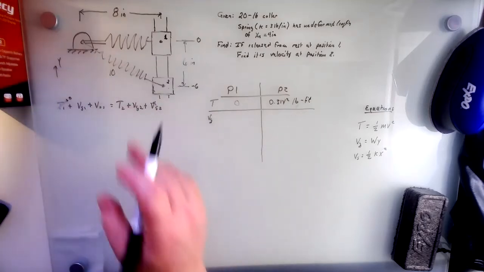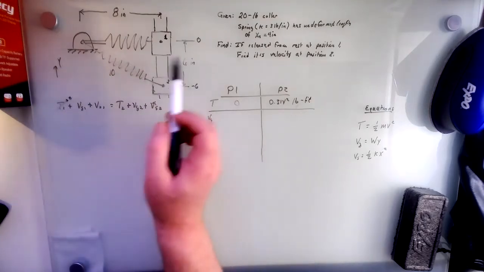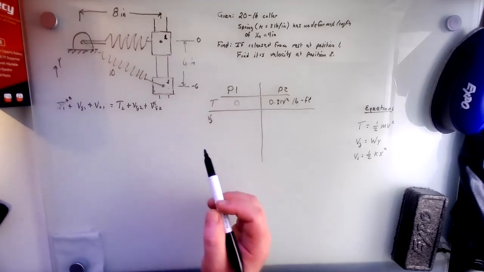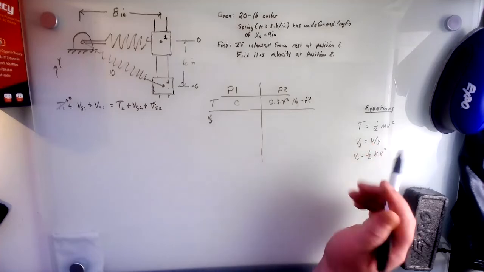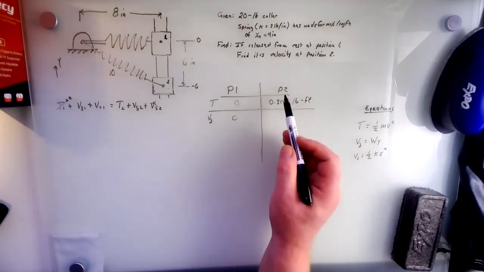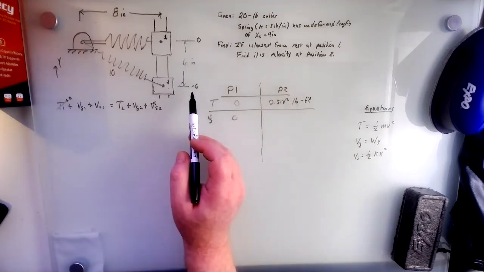So at point 0, the potential energy is 0. And at P2, this is minus 6.